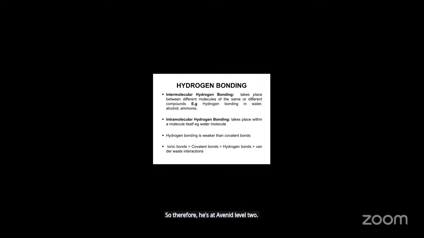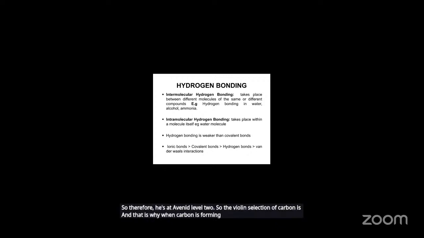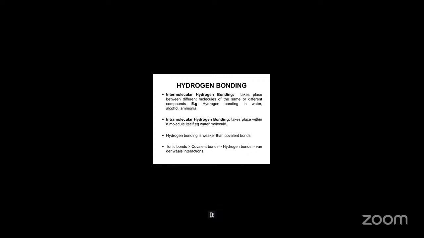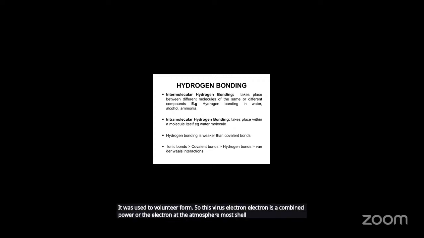So the valence electron of carbon is 4. And that is why when carbon is forming bonds, it has 4 sites. It must use the valency of 4. So this valence electron is the combining power, the electron at the outermost shell of an atom.